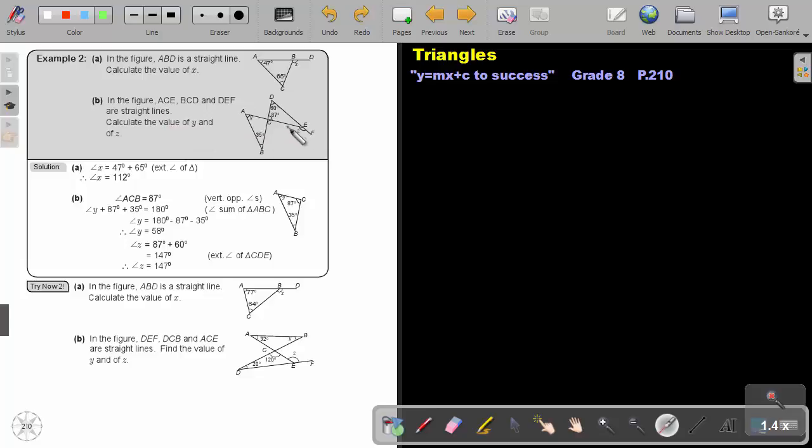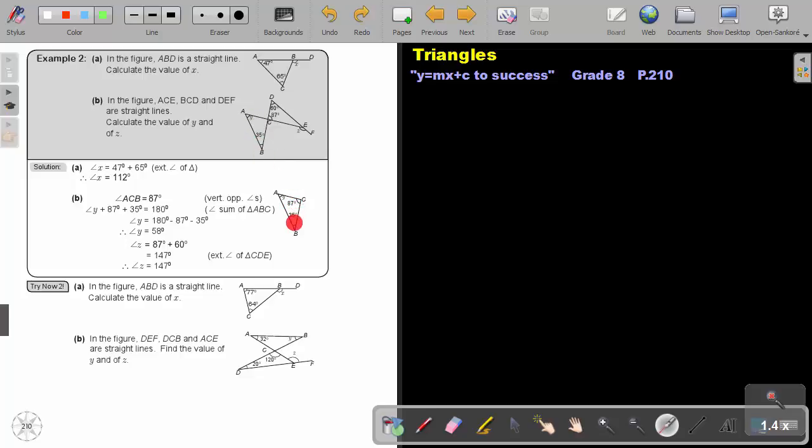Remember, z is also the exterior angle, and these are the opposite interior angles. Angle ACB, this angle, is going to be vertical opposite angles. Remember, we can use the basic properties of angles. So we find that one.